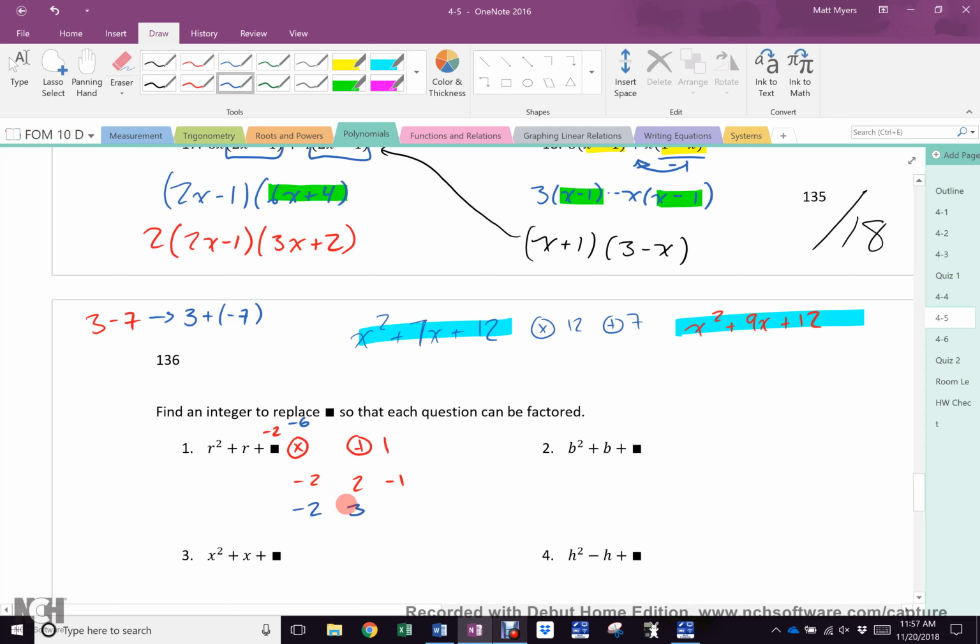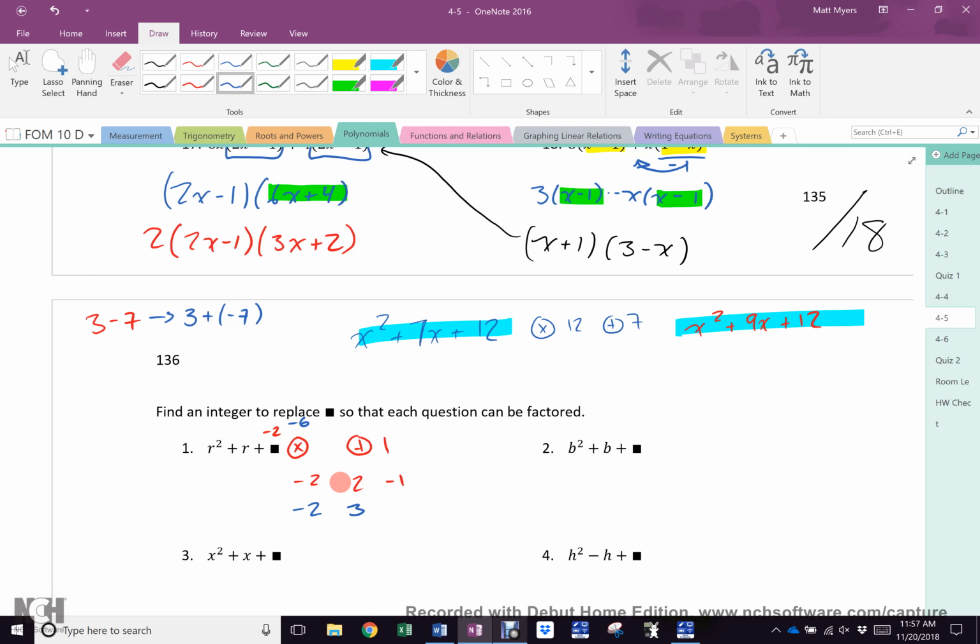Negative 2 and 3, negative 6. Negative 12, why? 3 and 4. Give me another one. Negative 4 and 5, negative 20. Give me another one. So that would be negative 30. 6 and 7 would be negative 42. Everybody with me? All right.